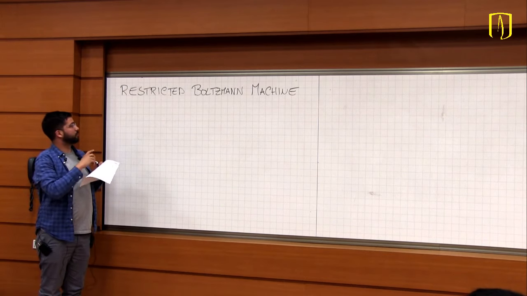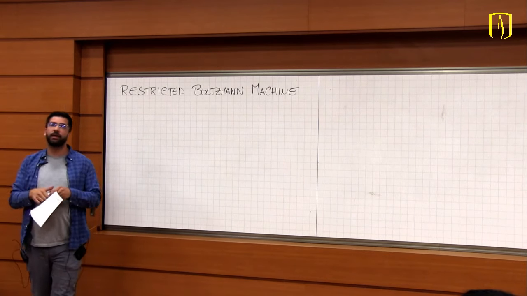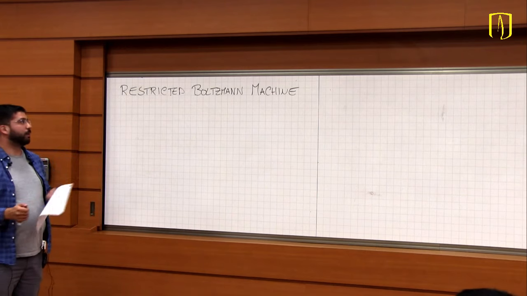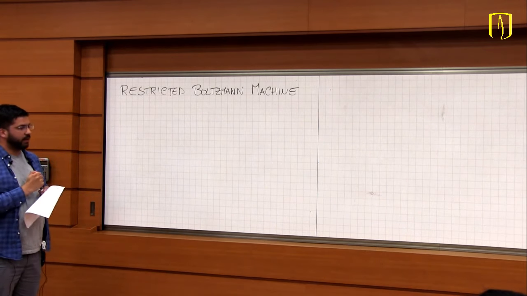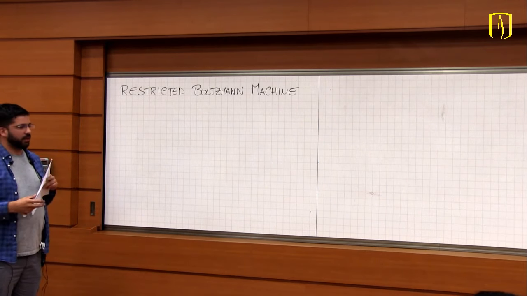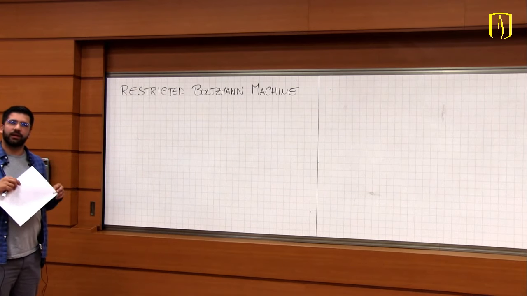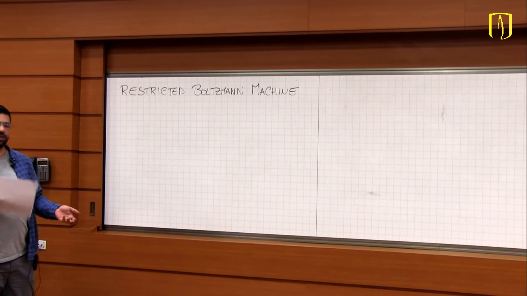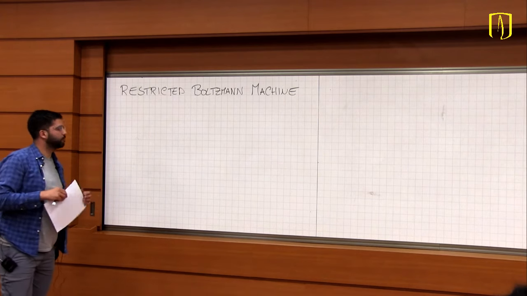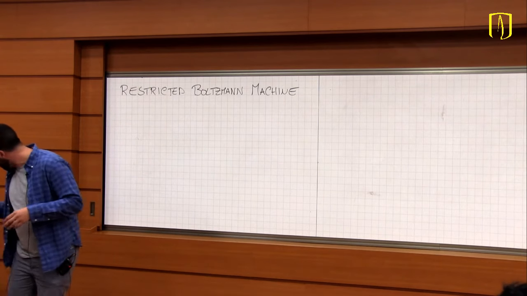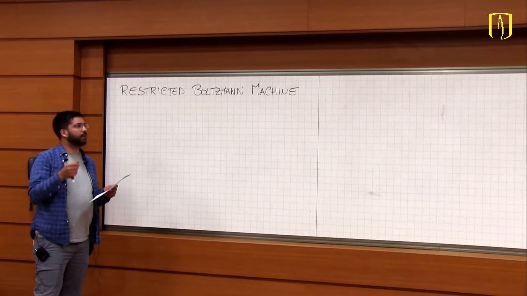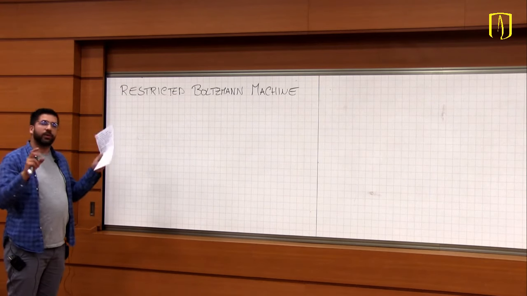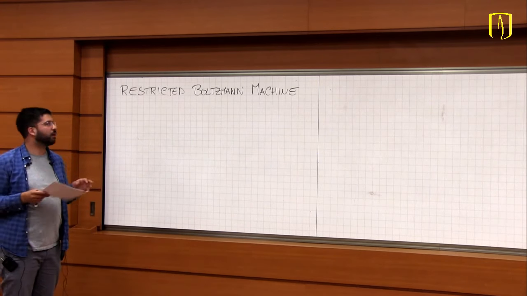Because the restricted Boltzmann machine, or RBM, played a very crucial role in machine learning. It's not being used routinely nowadays in machine learning applications in industry. There are more powerful algorithms, but it was a key piece in the deep learning revolution of 10 years ago.